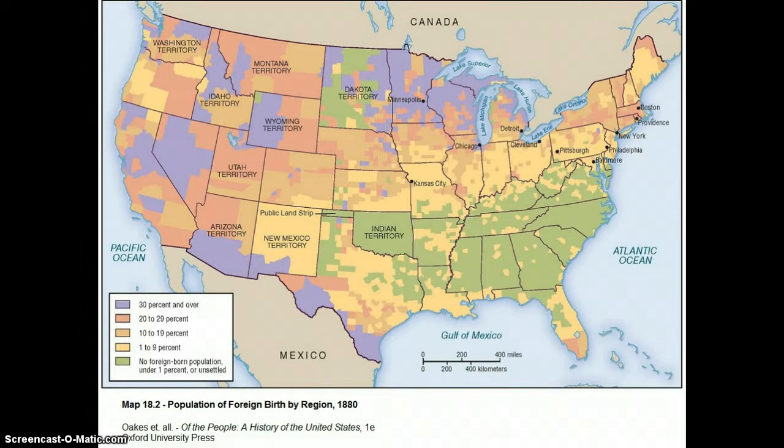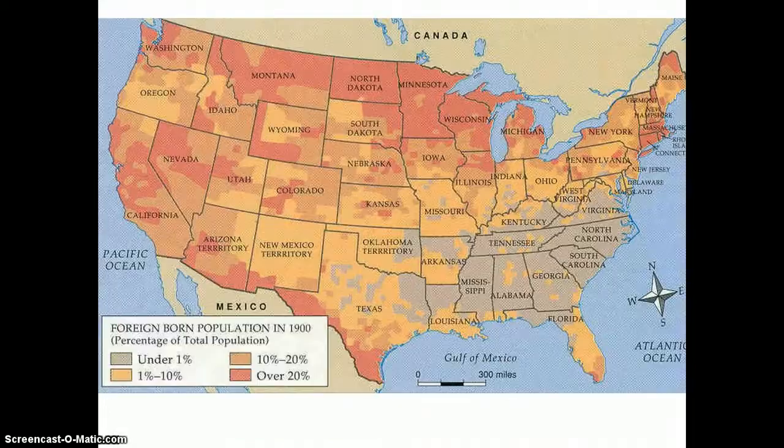You can tell here that for population by foreign birth in 1880, there's an enormous amount up in Minnesota and the Dakotas and Wisconsin. So you see a lot of the places that have high immigrant populations are in the West. However, by the time 1900 rolls around and the Eastern and Southern European immigrants are coming in force, they're starting to locate themselves in big cities.